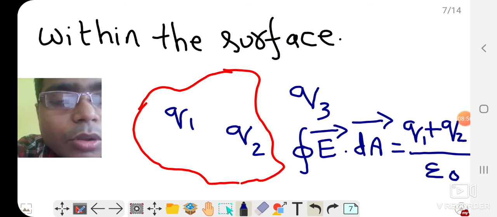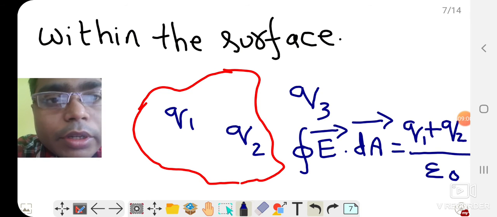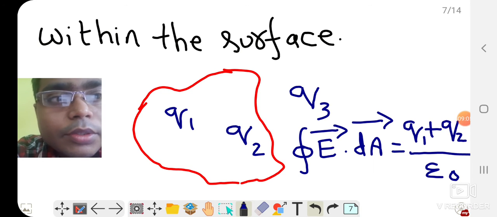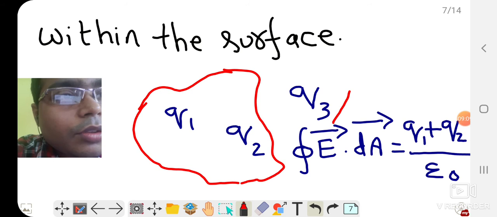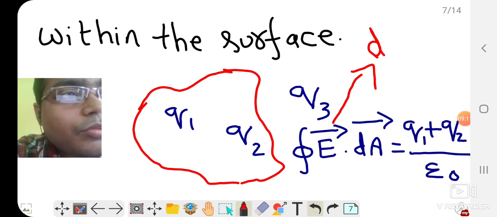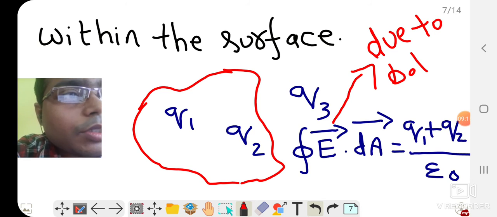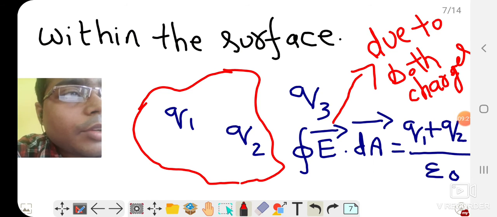So in the Gauss law, always remember which charges we are going to consider: only those charges which are present inside the closed surface. And there is one more important thing. This electric field is due to both charges, both outside and inside charge. So I think it is clear to all of you.